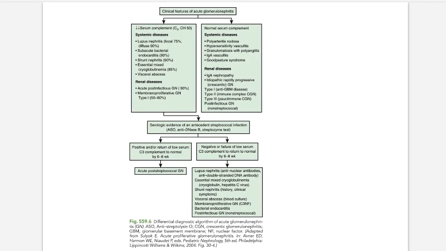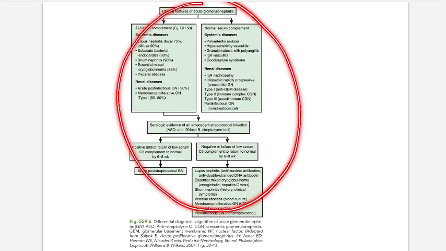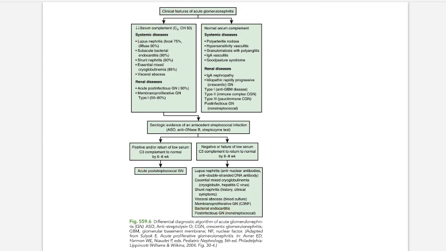This flowchart nicely summarizes the causes and clinical features of acute glomerulonephritis on the basis of decreased complement and normal complement.